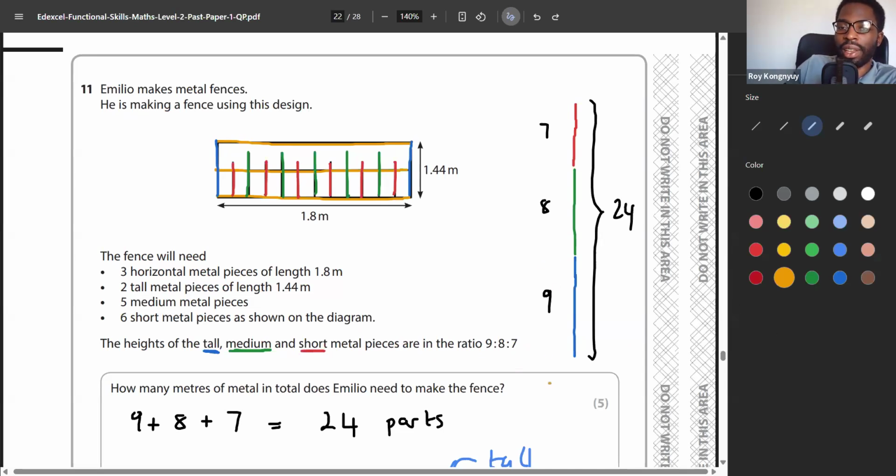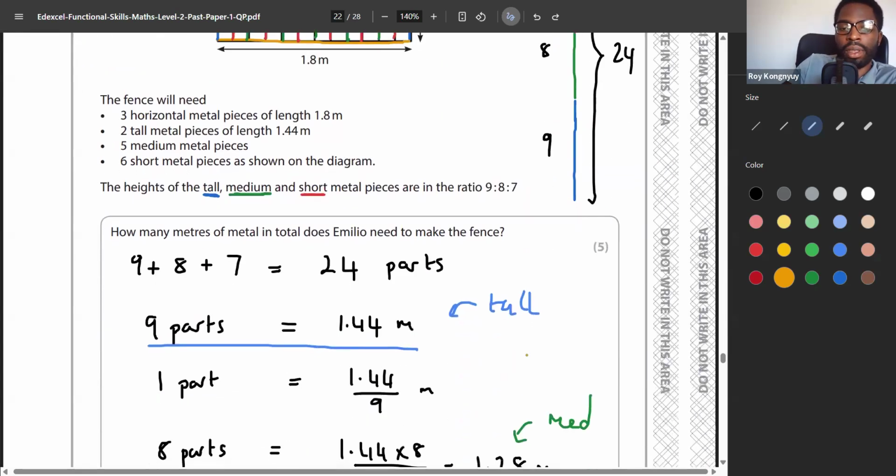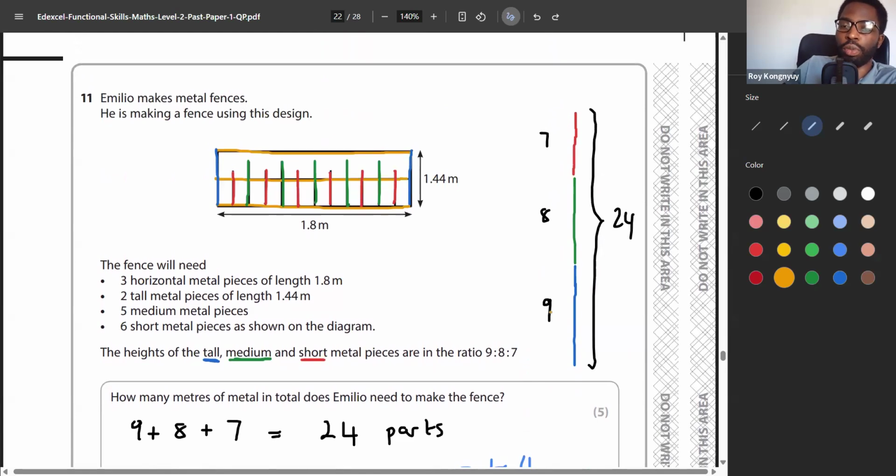And so we can consider that if we had 9, 8, and 7, we would have 24 in total. And 9 of those would correspond to the tall, 8 of them to the medium, 7 of them to the short.